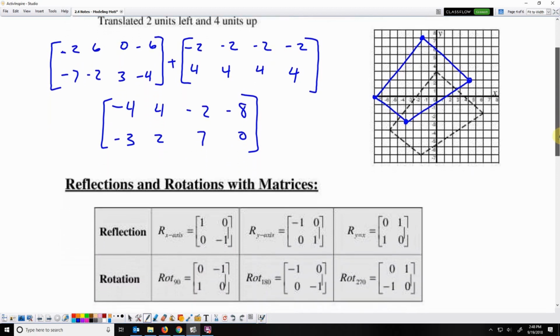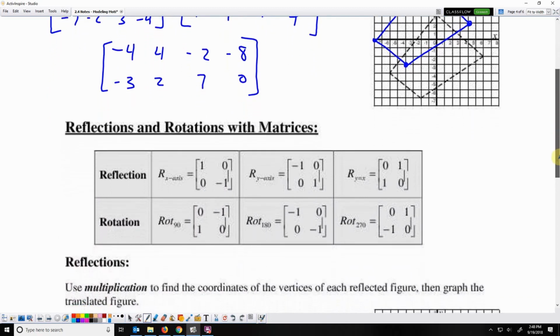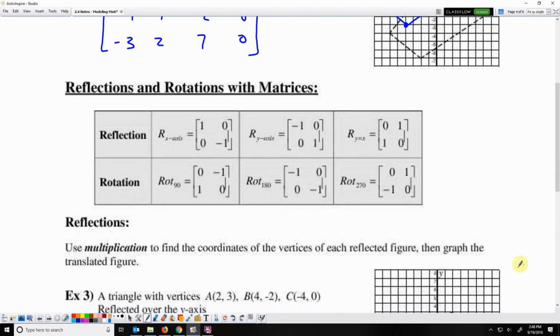Okay, reflections and rotations with matrices. When we do a reflection, that's flipping the figure over a line of symmetry. And for our purposes, we're going to flip either over the x-axis, the y-axis, or the line y equals x.